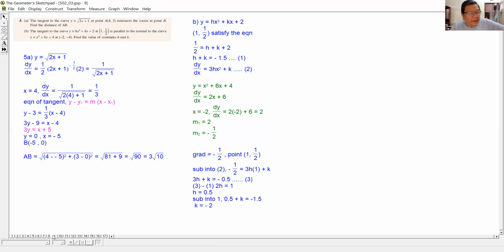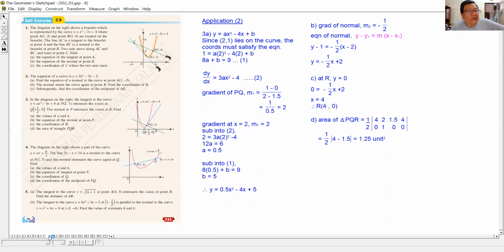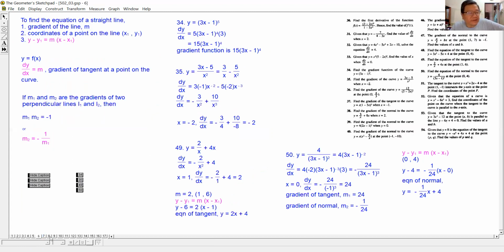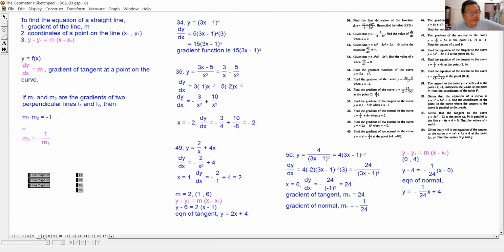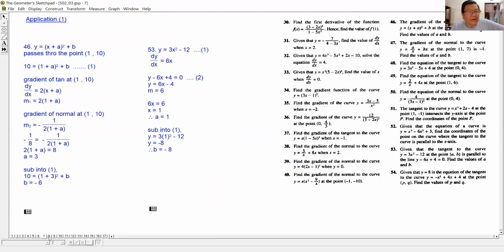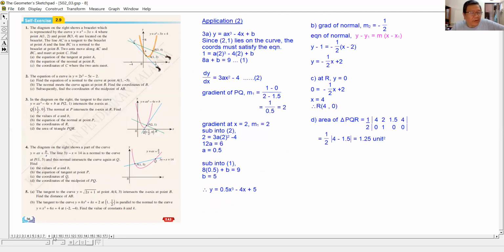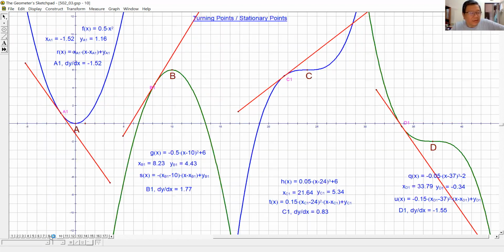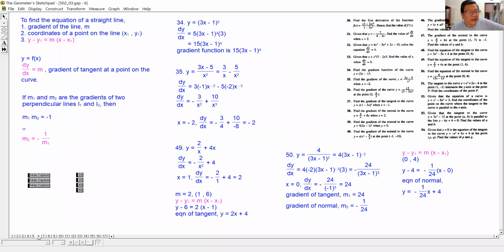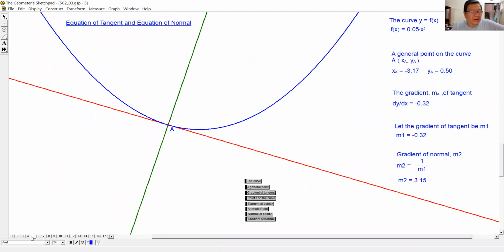Okay. Now the homework for today is this one, 2.9. Then the previous one... where's the previous one? Oh, no more. I deleted it already.